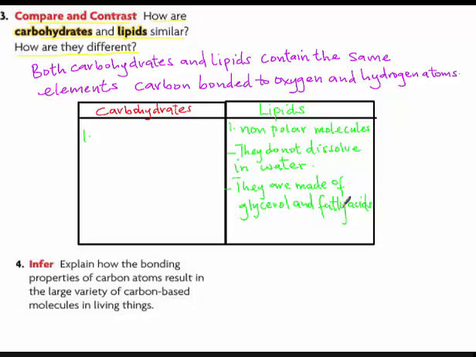On the other side, we have carbohydrates. Carbohydrates are polar molecules. Because they are polar, they dissolve in water when they are in their simple state, that is simple sugars.